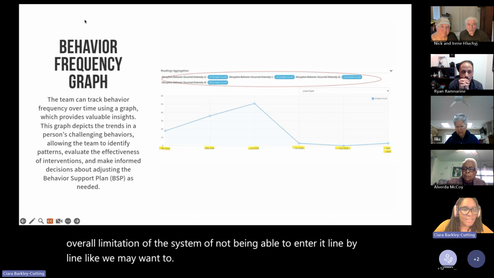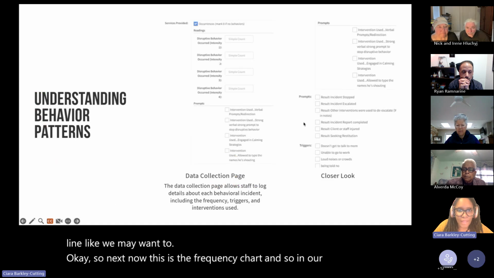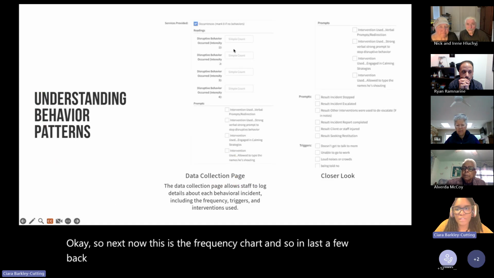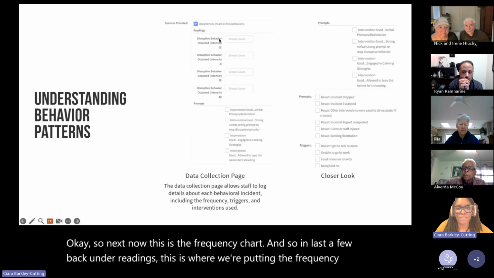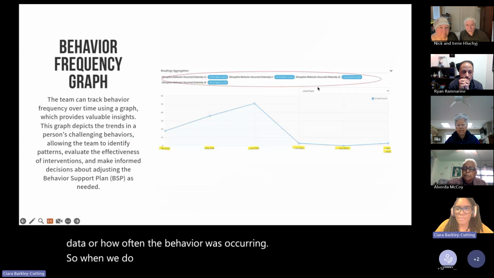Okay, so next, now this is the frequency chart. In our last, a few back under readings, this is where we were putting the frequency data, or how often the behavior was occurring. When we do that, that comes out to this sort of graph.